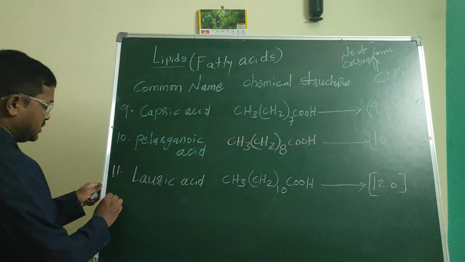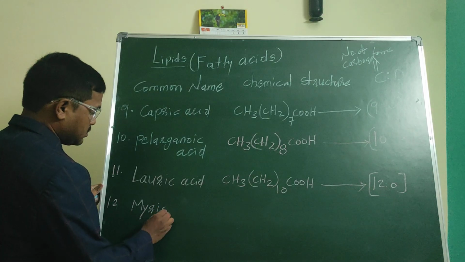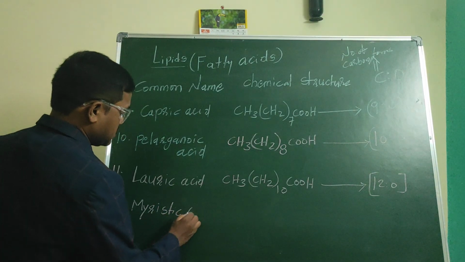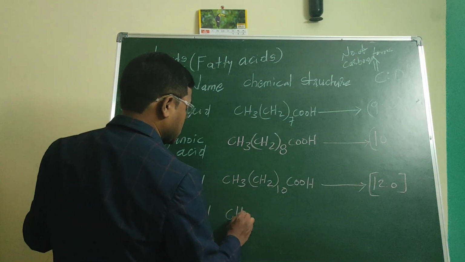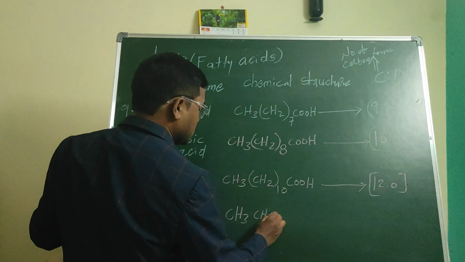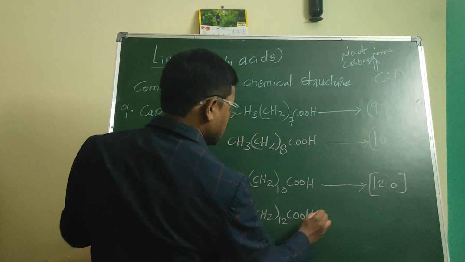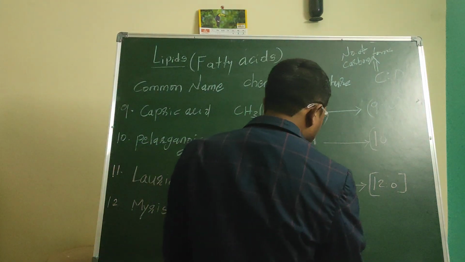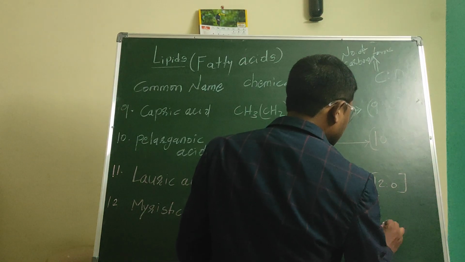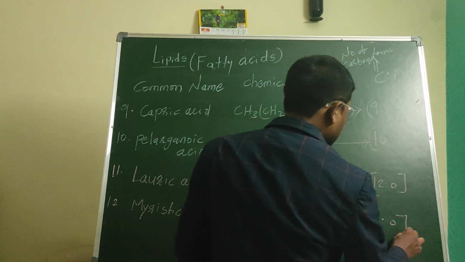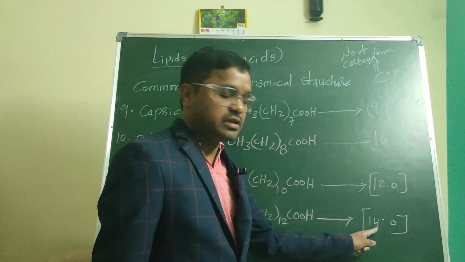Next, myristic acid. Number of carbon atoms in myristic acid is 14.